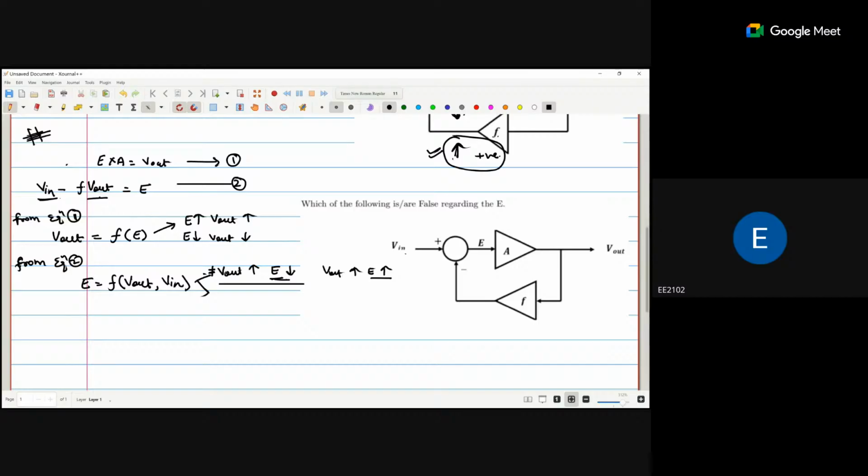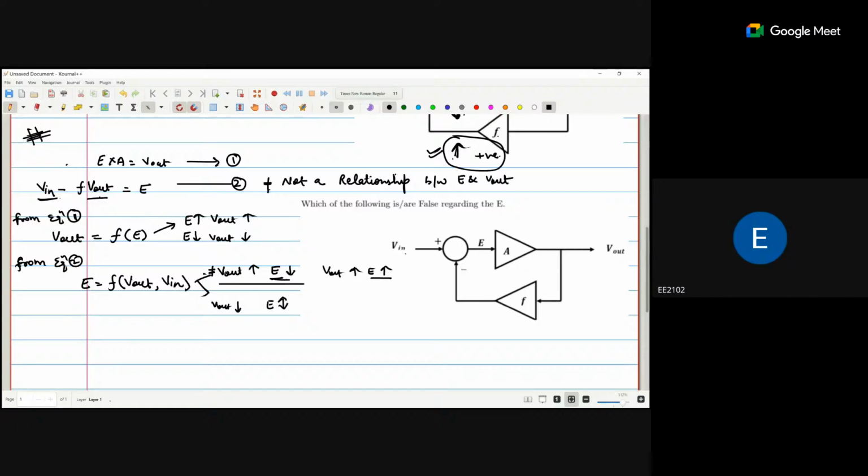Similarly, if V out decreases, maybe E increases or maybe E decreases. That is all dependent on V in. So that's why equation 2 should not show the relationship between E and V out.